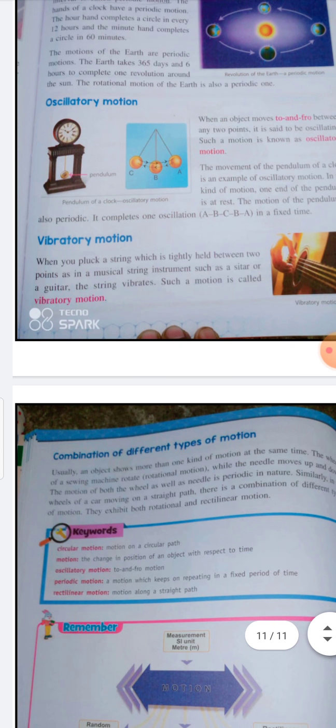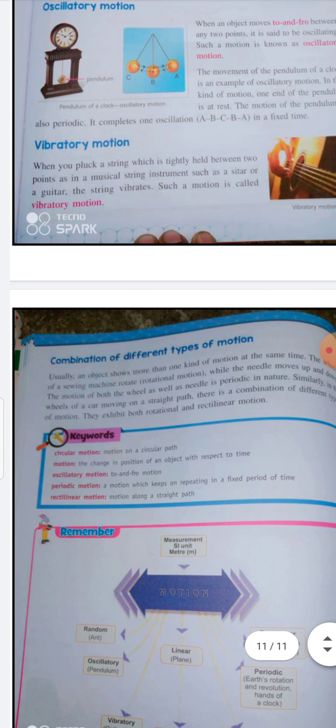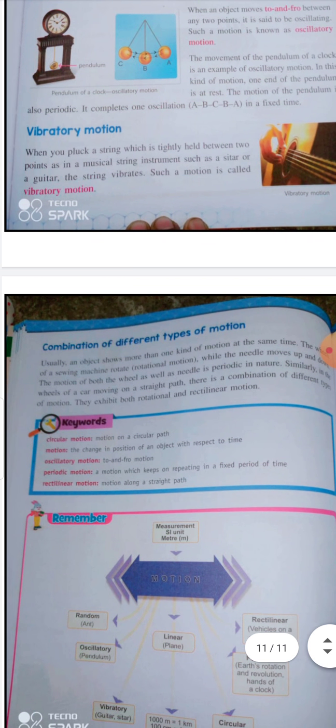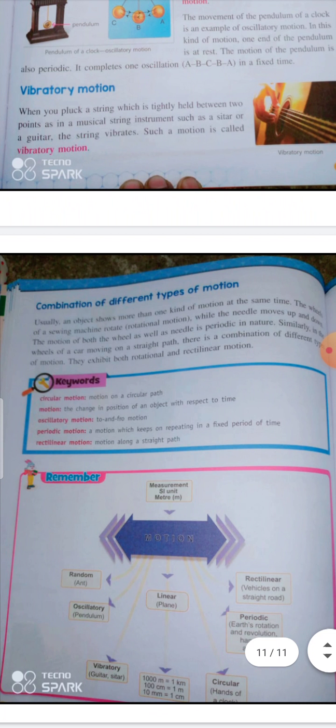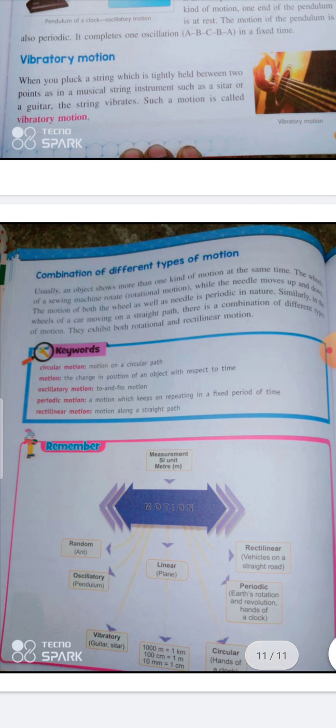Here is given a combination of different types of motion. We know that one body can perform various types of motion, like a sewing machine. A sewing machine performs rotational motion, and its needle moves up and down, which is periodic motion because it goes up and down after equal intervals of time.